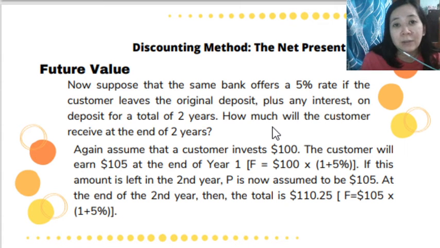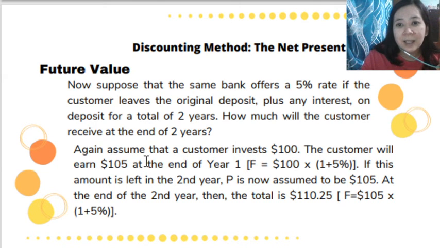What if the bank offers the investor to leave his deposit for another year, and the effect is he will earn an additional 5%, aside from what he has already earned during the first year.